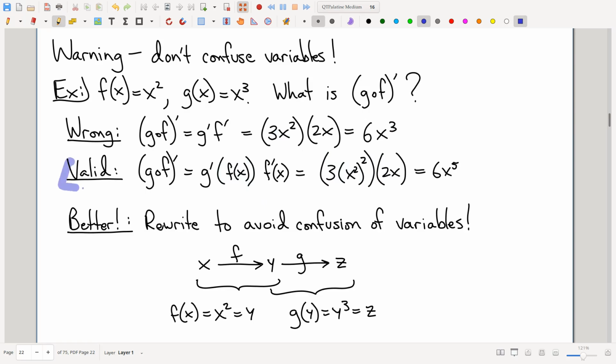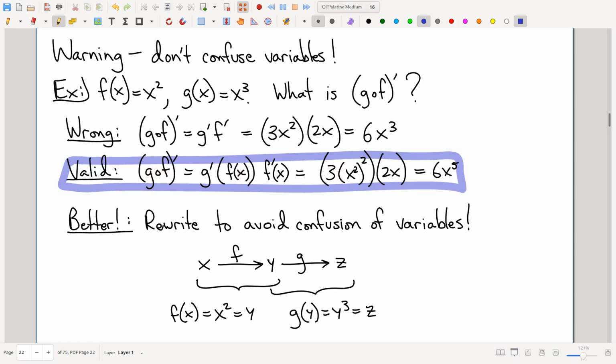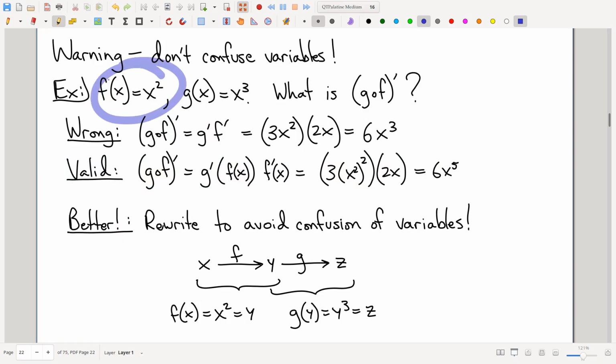Ultimately, there's something really terrible about how this is written. This is working with functions set up and written in terms of a confusion of variables. That's no good. Look, if f is a function of x, what am I going to call the thing that comes out of f?